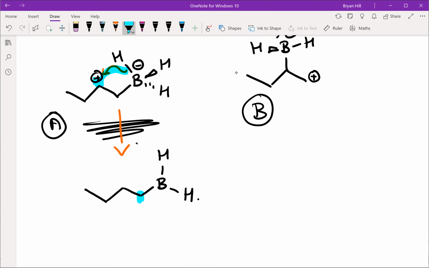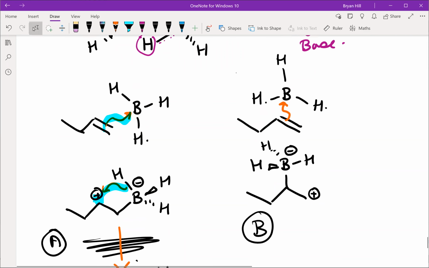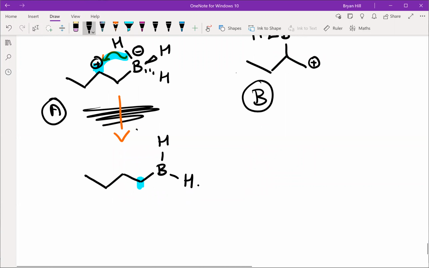Now, there's another reason that people have suggested, ignoring the carbocation stability. They would also say that sterically, if you have the boron on the least substituted carbon, there's less of a steric factor as well. But I think that's the better way to do it.